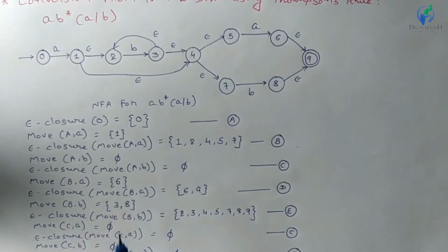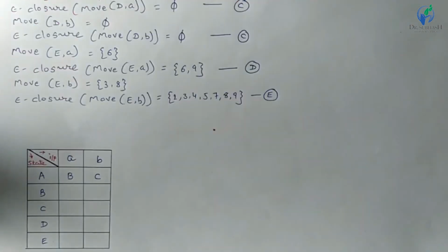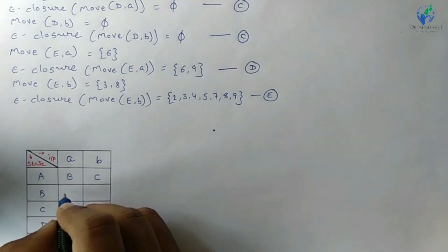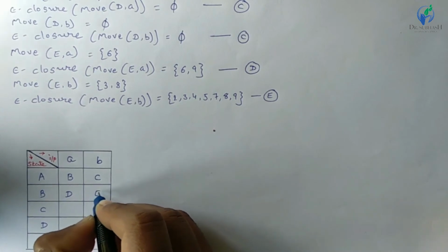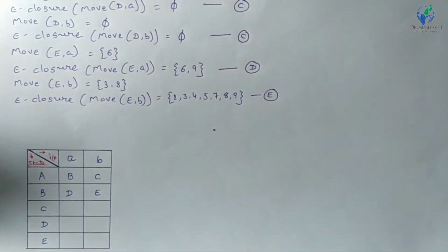Now check the next, move B to A. B to A, the next state is D, and B to B, the next state is E. So write this entry in the transition table: B to A, D, and B to B, E. Now check for C state.